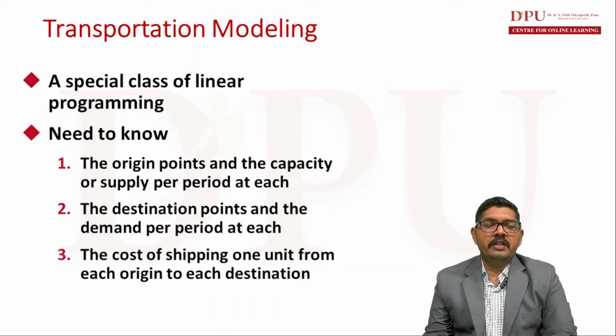The second point is the destination points and the demand per period at each. So we should know the various destinations, that is the warehouses, and their demand. And the cost of shipping one unit from each origin to each destination, that is, from each manufacturing facility to each warehouse.